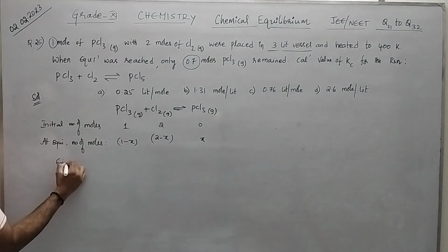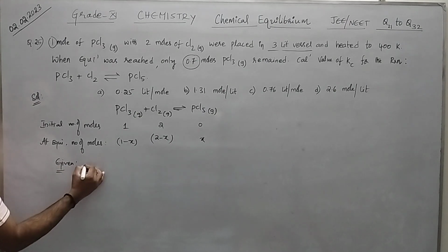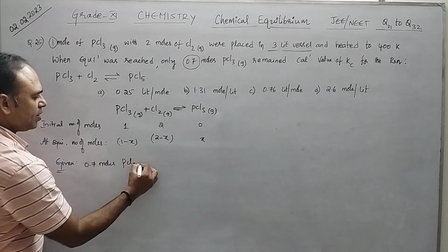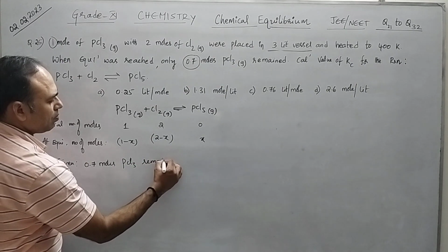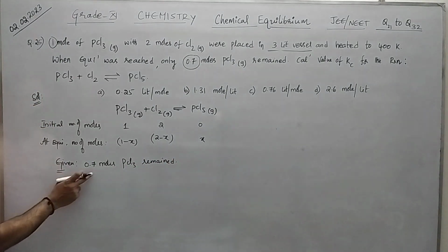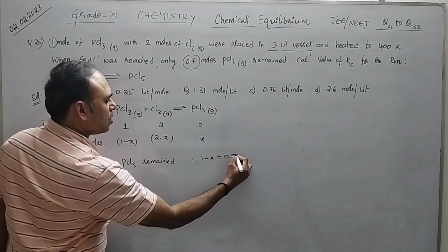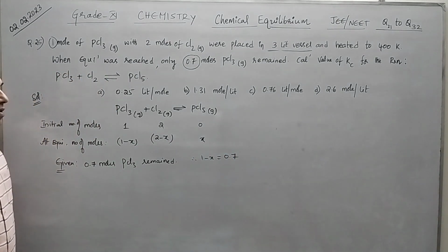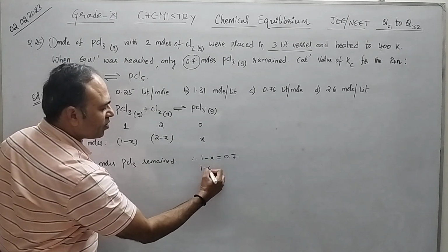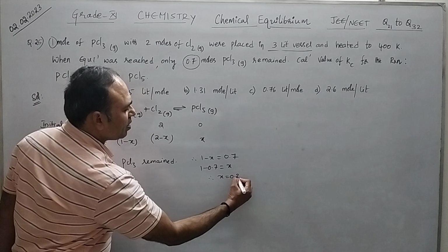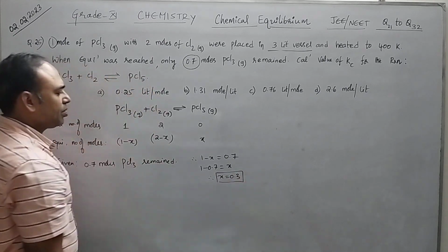Given 0.7 moles PCl3 is remained. That means 1 minus x is equal to 0.7. Find out x. Send 0.7 to this side. 1 minus 0.7 is equal to x. Therefore x is nothing but 0.3.